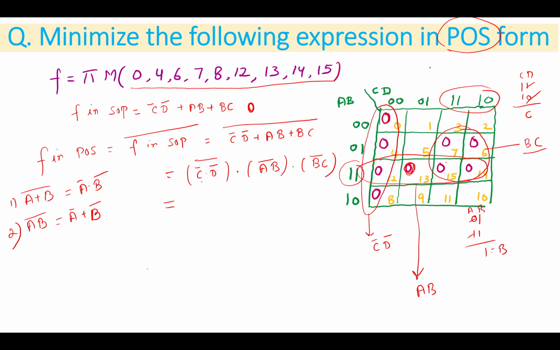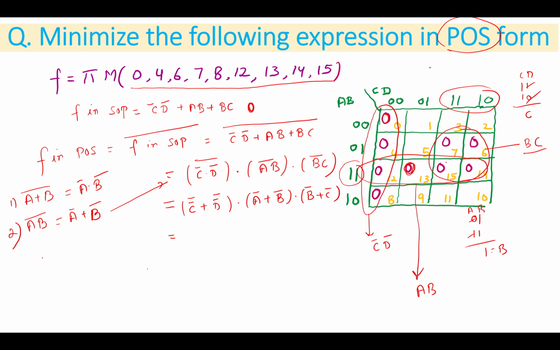Again this expression is not in POS format, so we have to apply the second property here. That means C double bar plus D double bar, multiplied by A bar plus B bar, multiplied by B bar plus C bar.